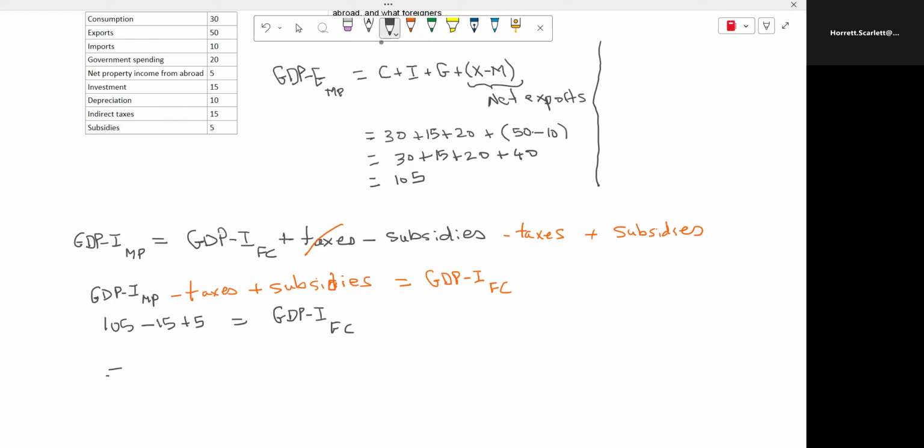So therefore, this implies that GDP at factor cost is equal to 105 minus 15 plus 5. And that would give us, let's just punch it in on the calculator. So 105 minus 15 plus 5, that gives us 95.